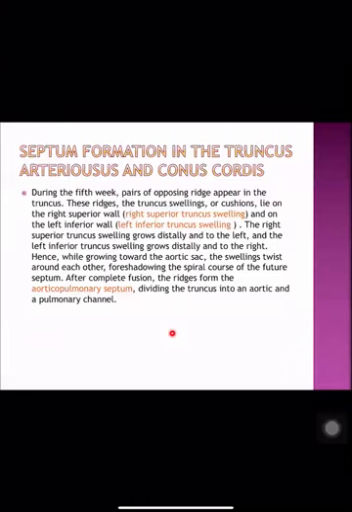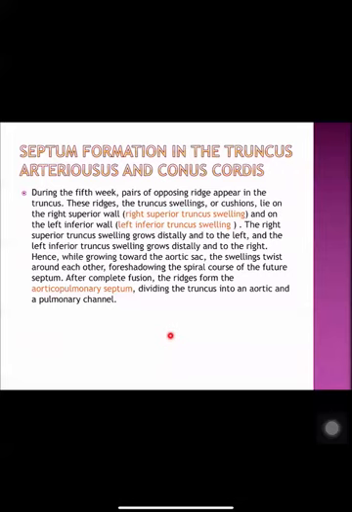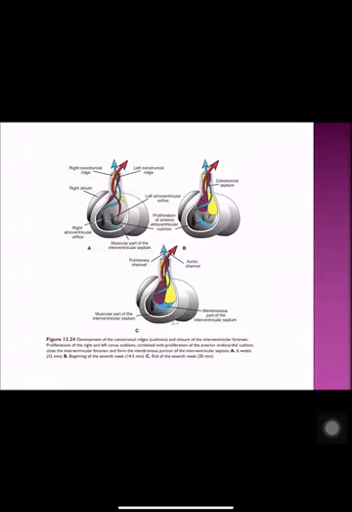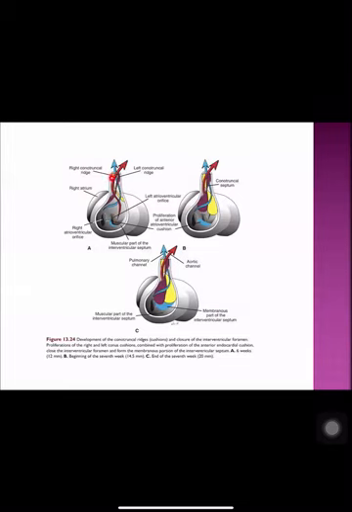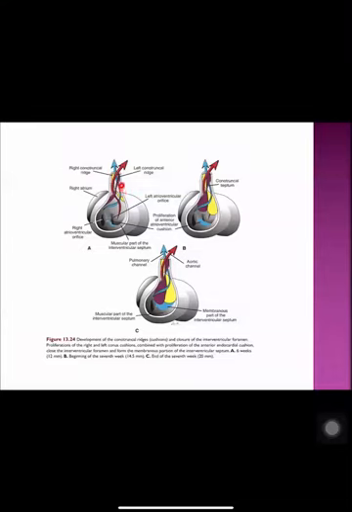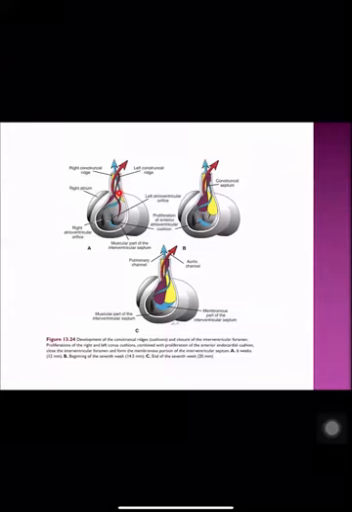Now, septum formation in the truncus arteriosus. The truncus arteriosus, as we said, will lead to the formation of the outflow tract. What we will have here is a pair of ridges that will be formed in the truncus. One on the right superior wall, that is called the right superior truncus swelling, and one on the left inferior wall that is called the left inferior truncus swelling.